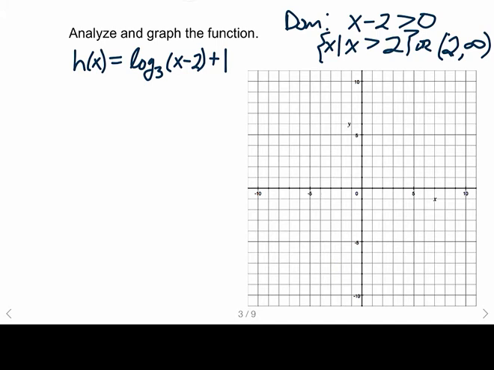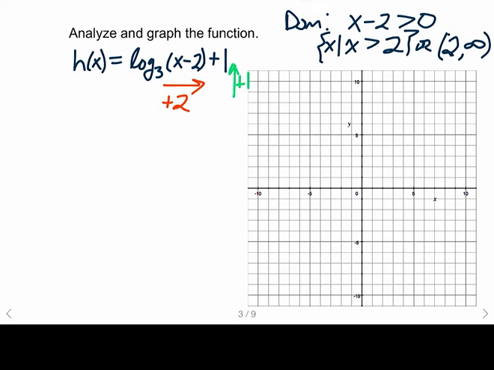But that number there is going to indicate our vertical asymptote. As you recall, if we have a number that's being subtracted or added to an argument, then that indicates a horizontal translation. In this case, since it's x minus 2, it's to the right 2. For the plus 1 that's outside of the argument, that's a vertical translation, in this case, up 1.